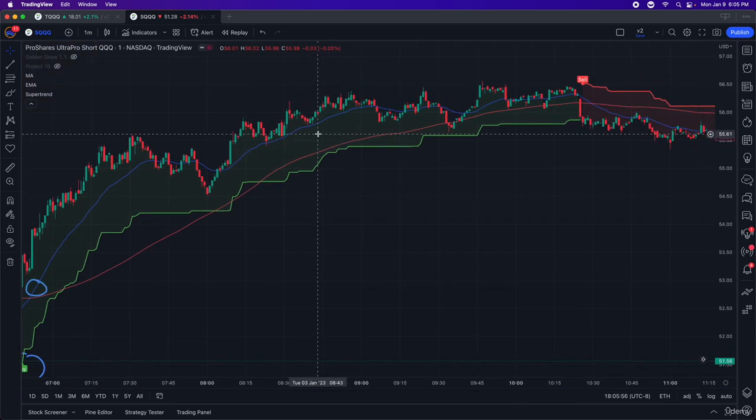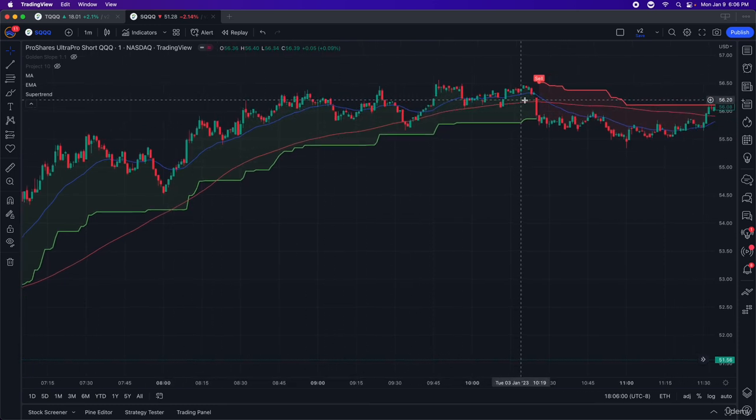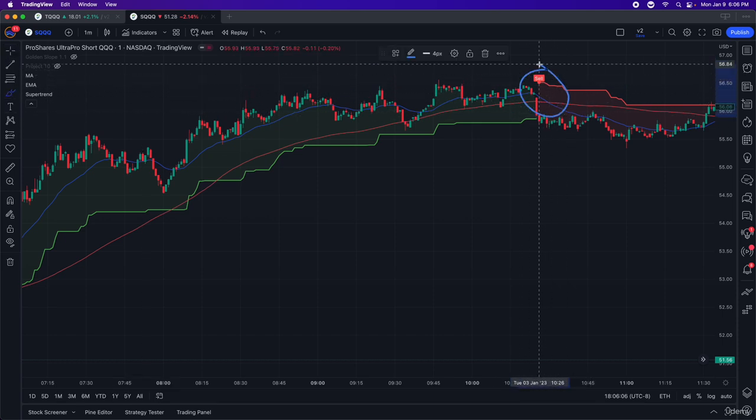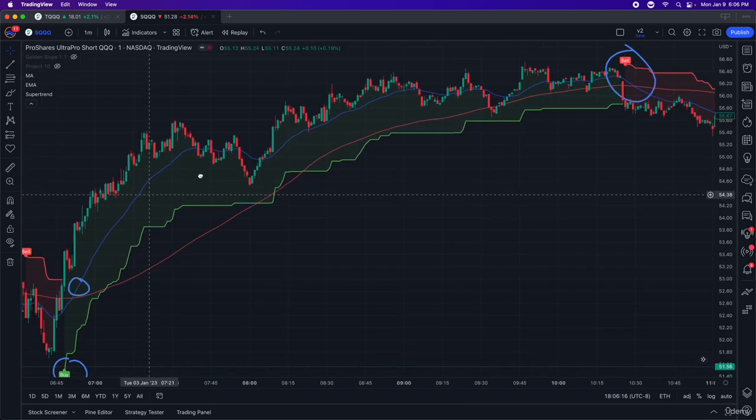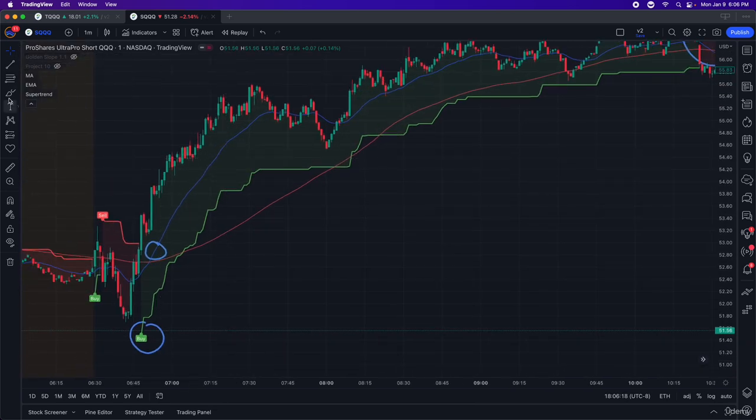Generally you would start selling right here, because you get a sell signal. And then also you see the EMA line going right below the MA line. So guys, very powerful stuff, powerful strategy.